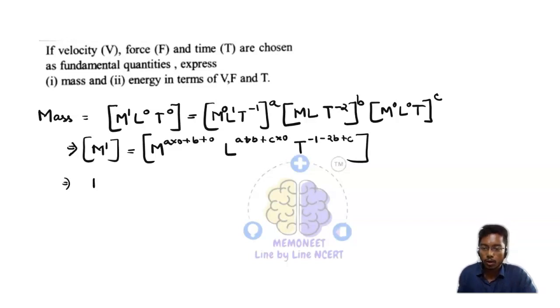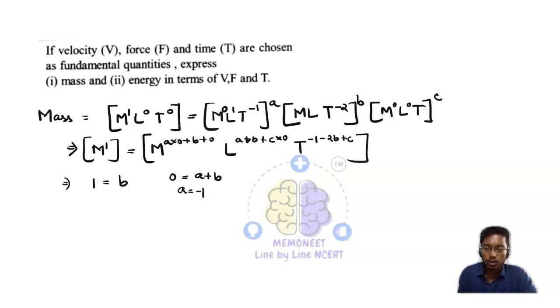So 1 is equal to b, as a into 0 and b into 0 will be 0. So b is equal to 1. For the length, in the LHS side it is 0, so 0 is equal to a plus b, where b we know is 1, so a will be minus 1.